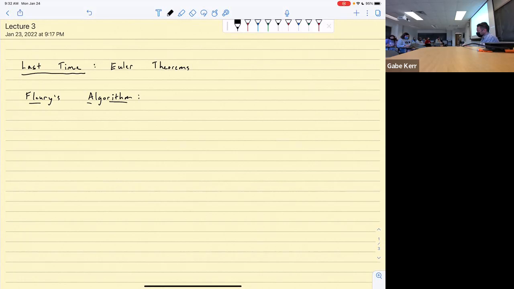So the steps are first, or maybe 0th step, check Euler's theorem. Make sure you have a solution before you try to solve it. 0th step.